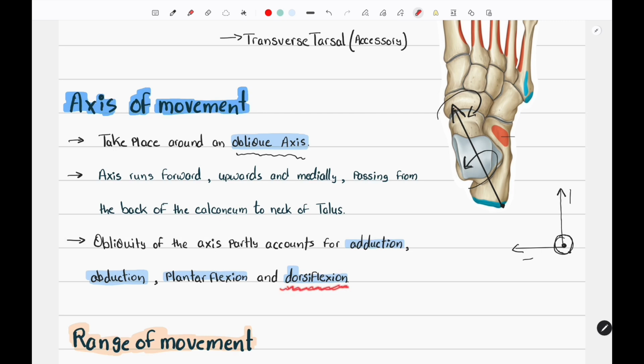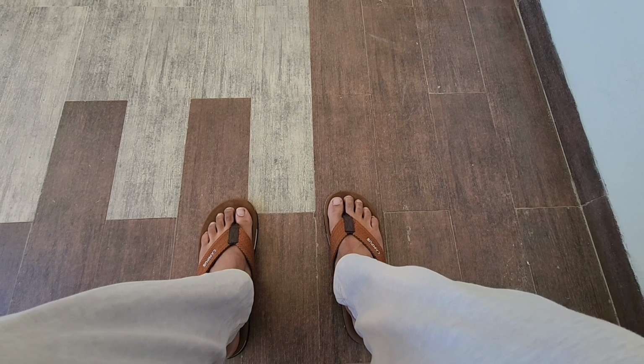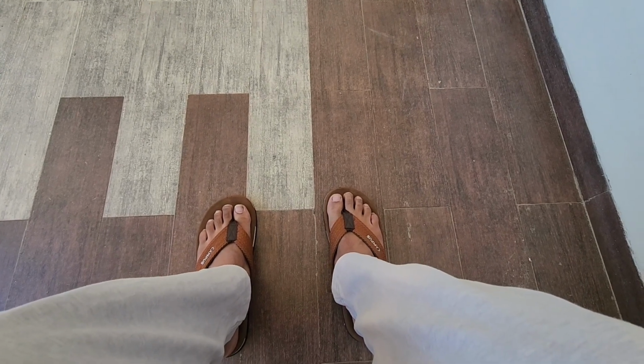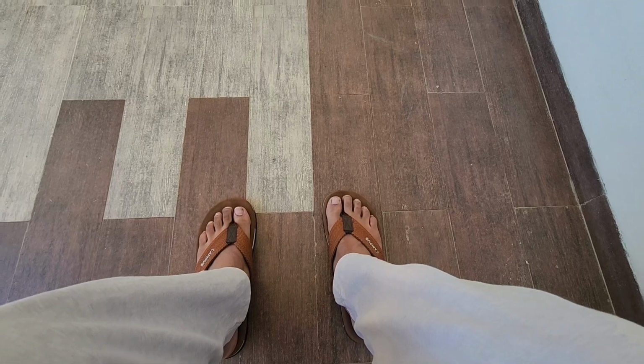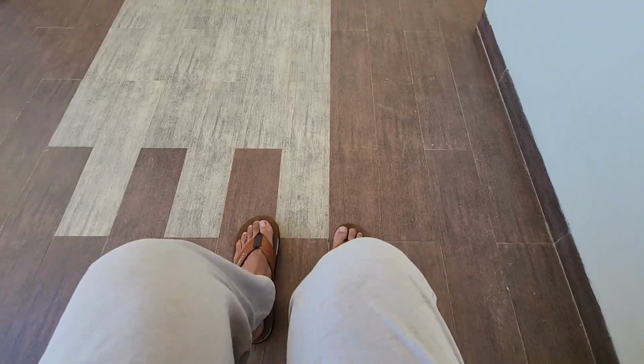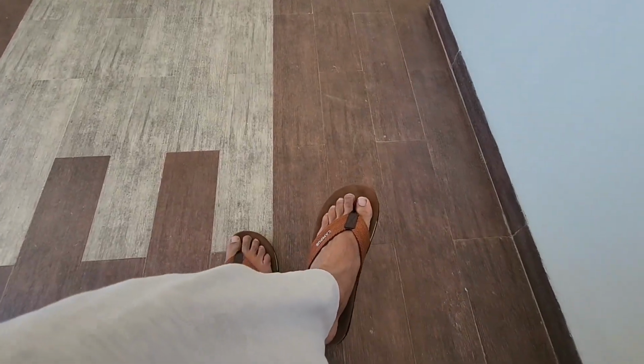This is the point to remember, that while you are making the movement of inversion, plantar flexion will be associated with it, and while you are making the movement of eversion, dorsiflexion will be associated with it. Now I'll show you how inversion and eversion are achieved. This is my left leg.